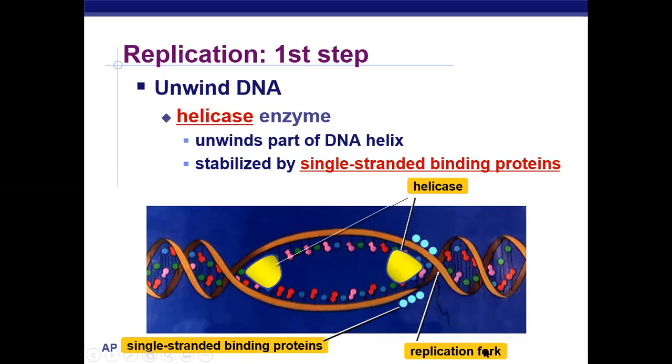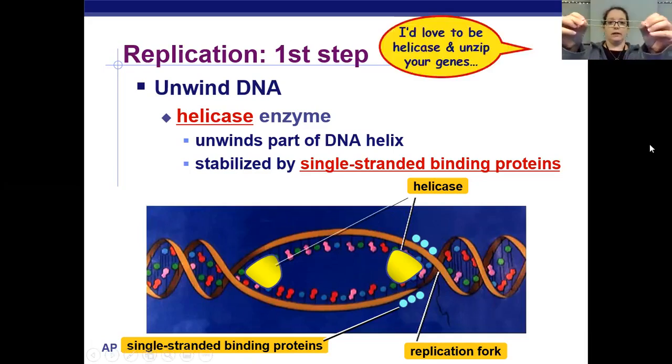Now, let's see, do I have one? Rubber band. Oh, good, I do. So now I have a rubber band, okay? I'm gonna wind and wind and wind my rubber band. This is in no way representative of how much winding is done in DNA.